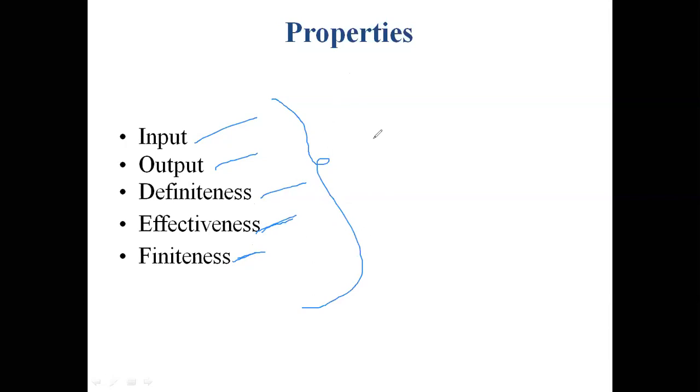The same algorithm can be represented in several different ways, and several algorithms for solving the same problem may exist. So for one problem we have several algorithms, and different algorithms for the same problem work at different speeds.